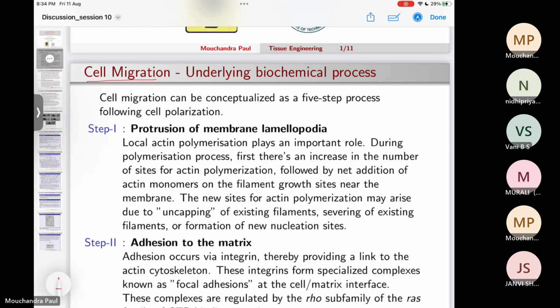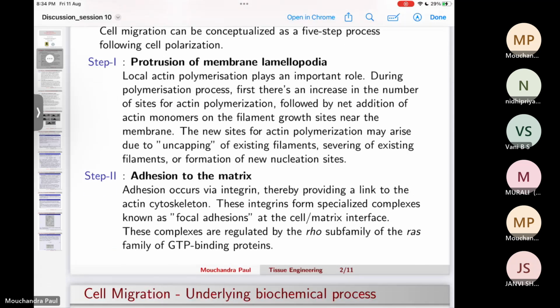These kinds of experiments we will talk about later, but in today's class we will understand how a cell migrates. What are the steps a cell has to do in order to move from, say, position A to position B? If we break down the entire cell migration process, we can do it in 5 steps. The first step is protrusion of the membrane lamellipodia.